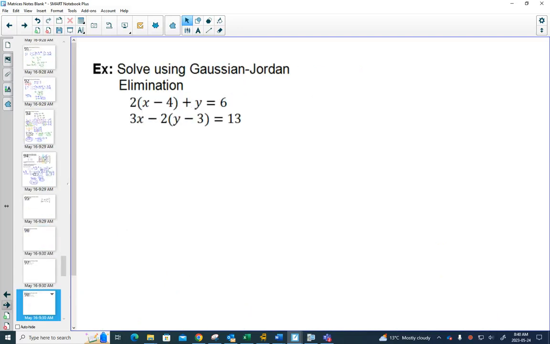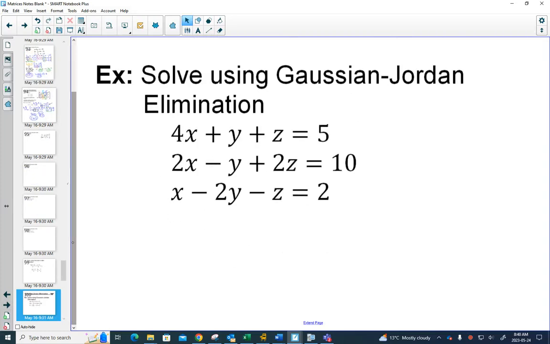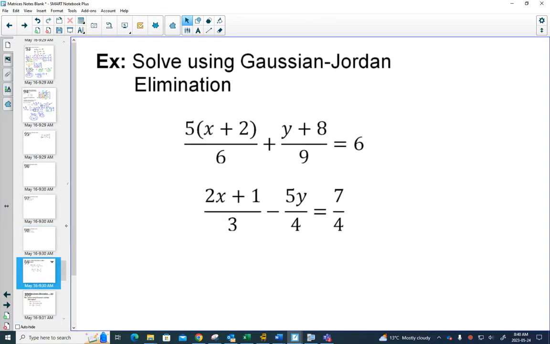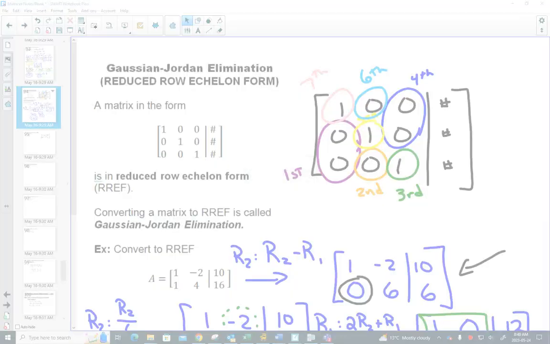I know we had left a bunch of these 2 by 2 ones for you to solve. But we're going to look at some of the strategies, and I'm going to go back to this picture right here.